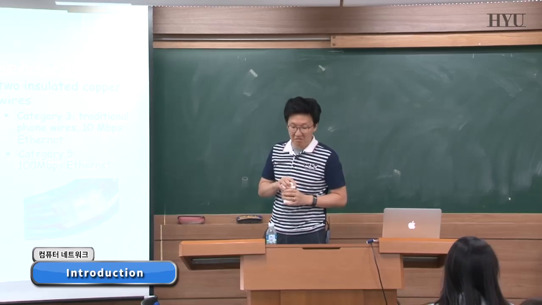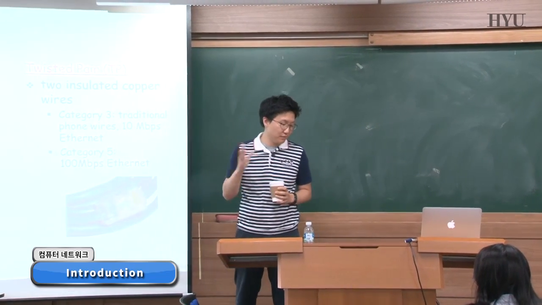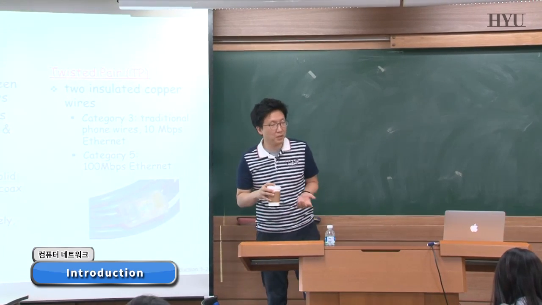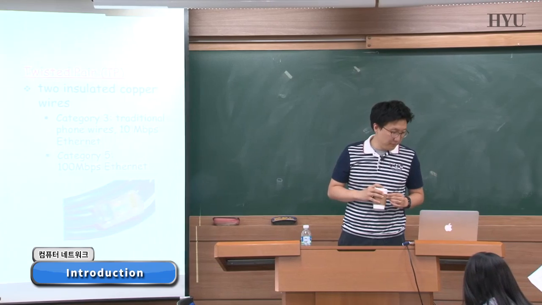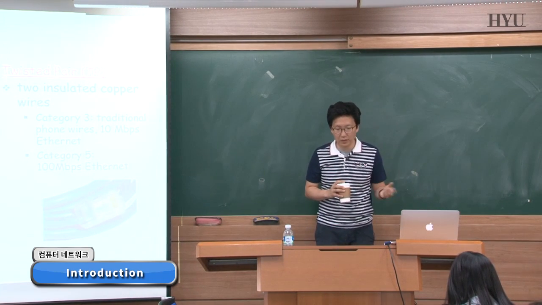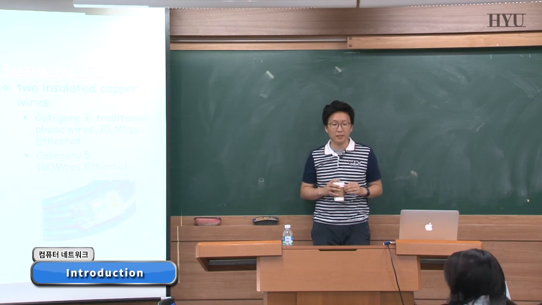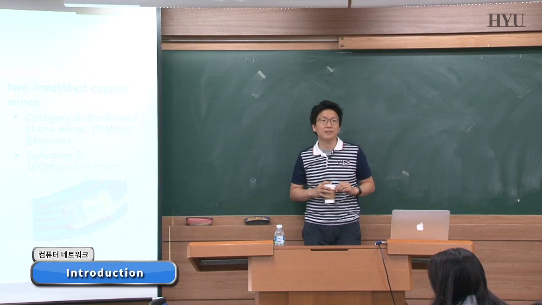Okay, so a few more slides just to read through, simply because we're going to discuss them again. Just now we discussed the wireless ones, and if we stick with the physical media, there are the guided lines.